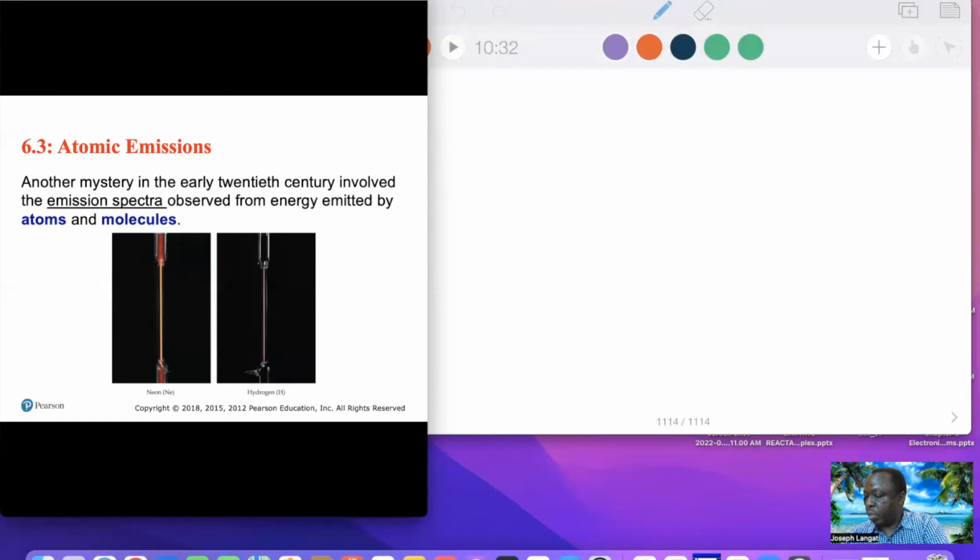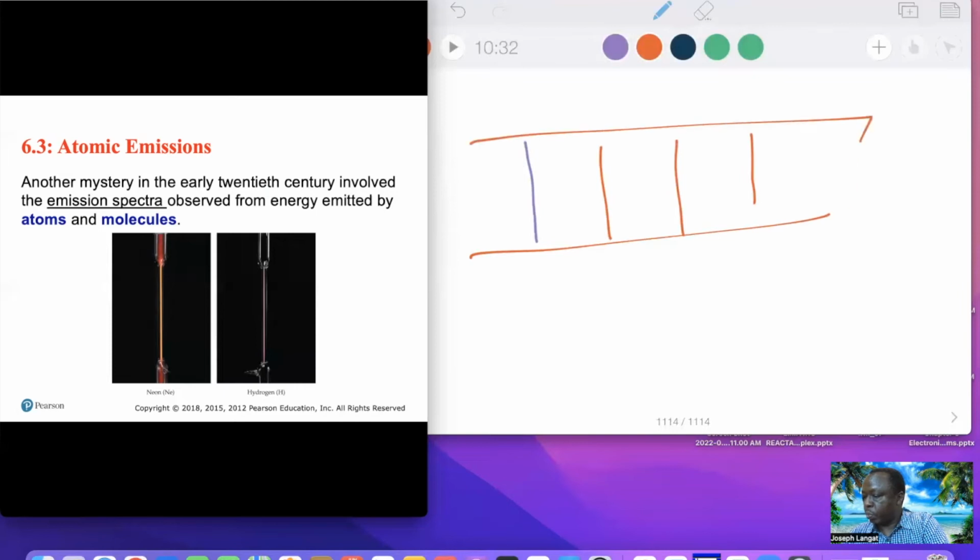I'm just going to draw this, representing lines. And the emission spectrum is just a spectrum. This is a spectrum right here, showing different what?